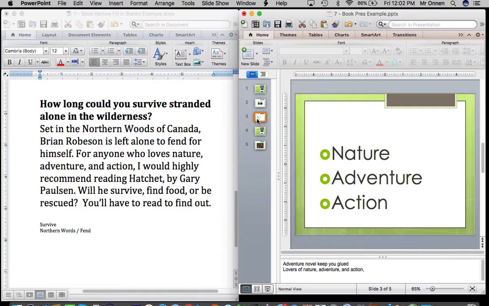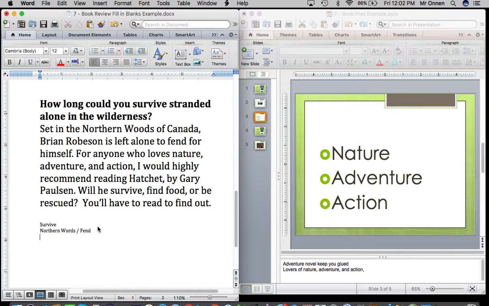For anyone who loves nature, adventure, and action, I would highly recommend reading Hatchet by Gary Paulsen. I don't know if I'm going to need anything for that, but I'll go ahead and put nature, adventure, action, and then just the book, and then I'm going to put survive again.